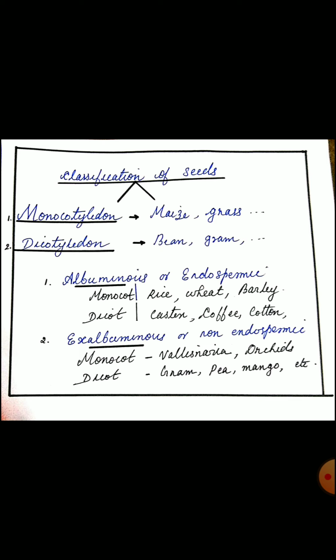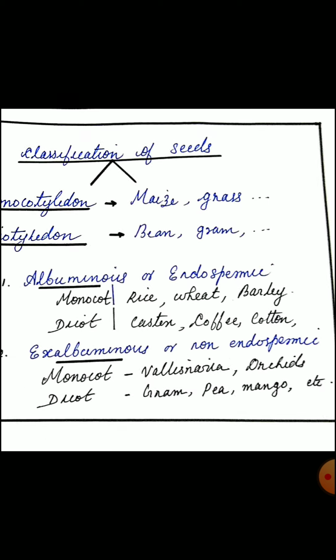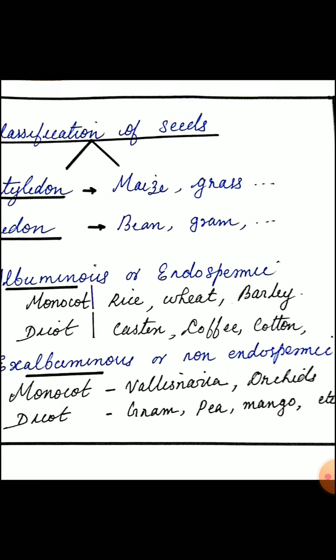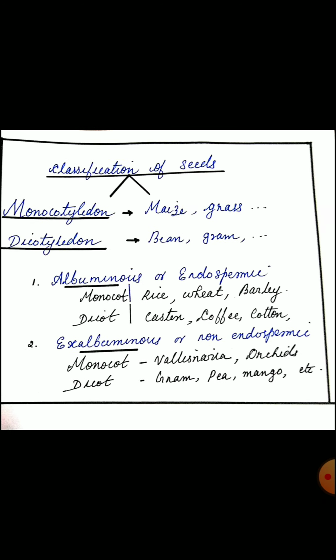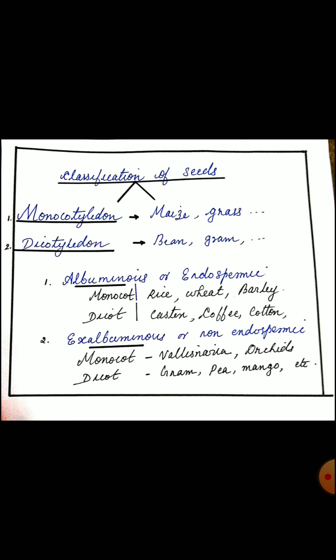They are called exalbuminous or non-endospermic seeds. There are many examples of albuminous and exalbuminous seeds in the monocot and dicot categories. Some of them are given in this table. Observe and learn these examples. More examples are given in your book.